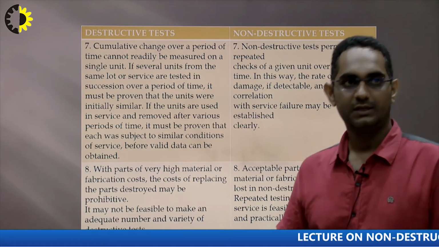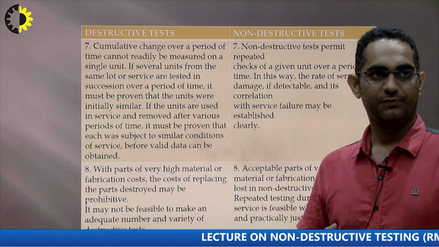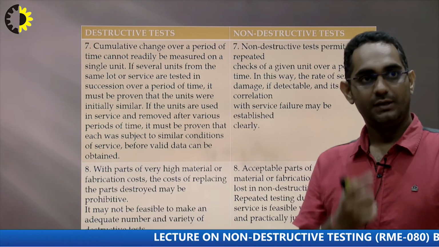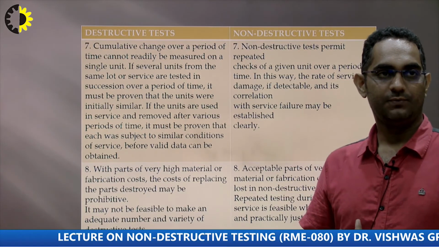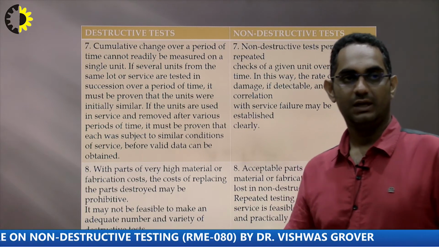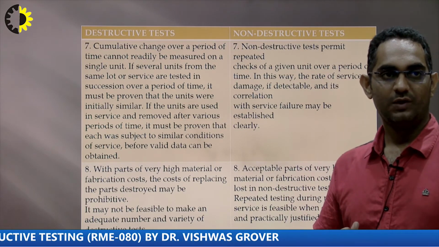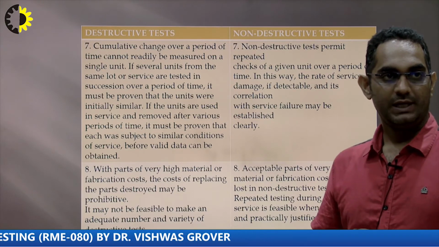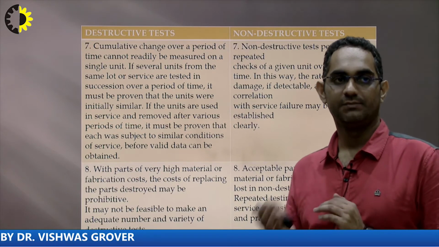Destructive tests are like this: cumulative change over a period of time cannot readily be measured on a single unit, and if several units from the same lot or service are tested in succession over a period of time, it must be proven that the units were initially similar.